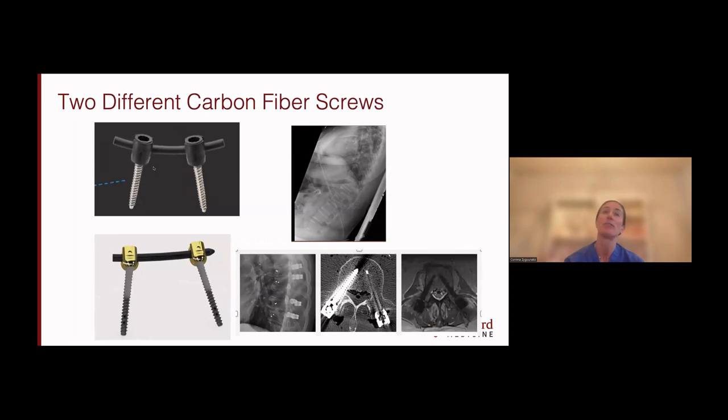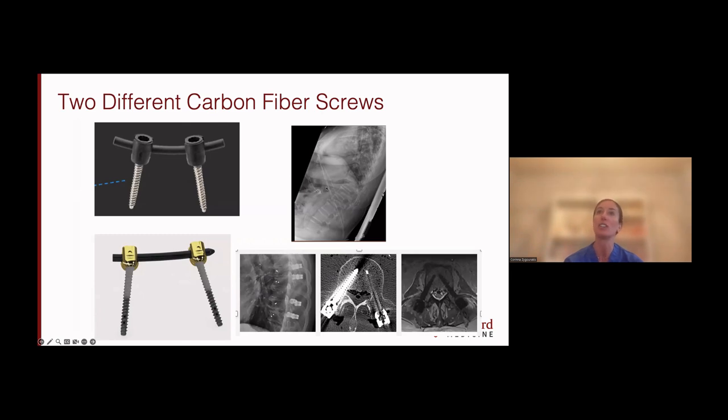There are 2 different types of carbon fiber screws if you're considering bringing them into your institution. As I mentioned, the one that I showed you images of has a little bit of metal around the threads of the screw, but not in the screw head or the rod. And there's another one that's available that has a little bit of metal in the screw head, but not in the screw itself and not in the rod.